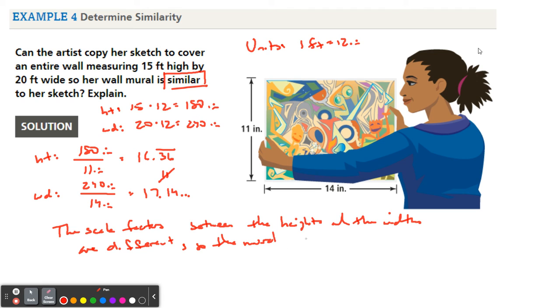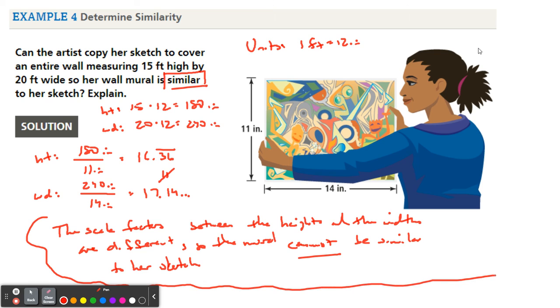So the mural cannot be similar to our sketch. There you go. And again, it's all about consistent scale factor when you're doing similarity.